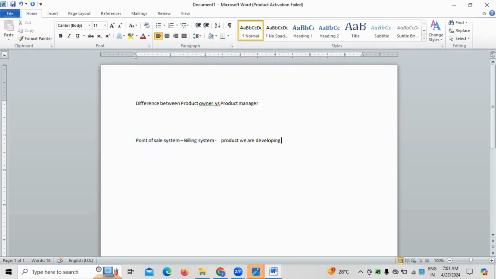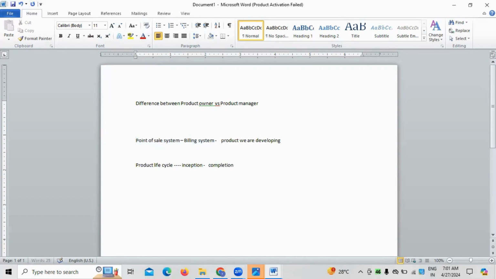But if you are a product manager, you need to have a complete understanding over the product life cycle, right from inception to the development, inception to completion, I can say.